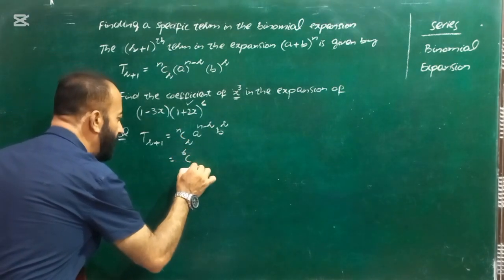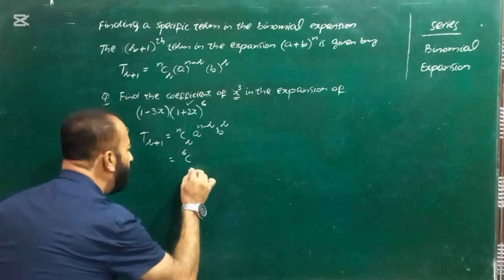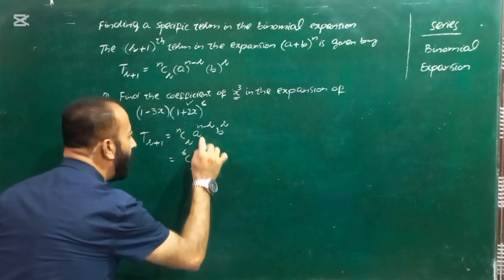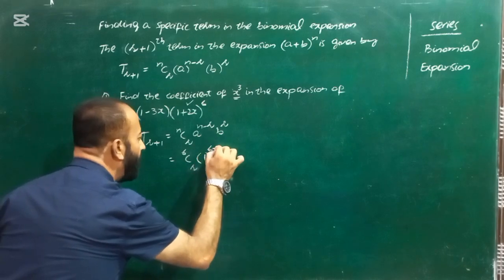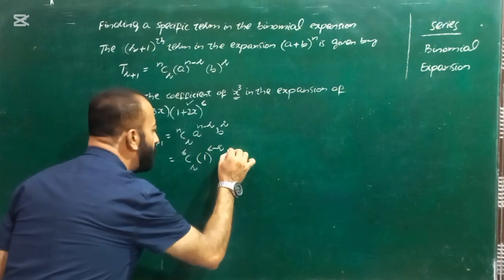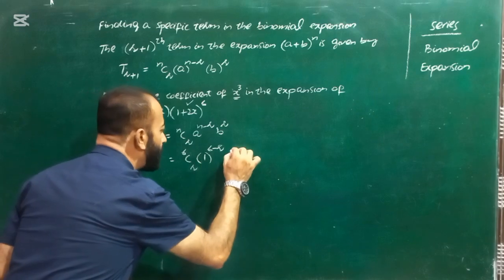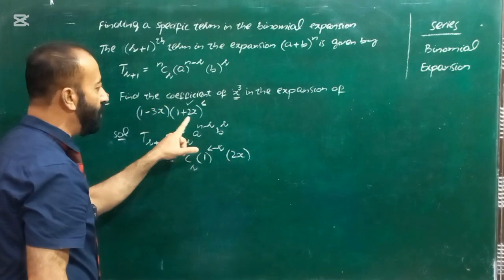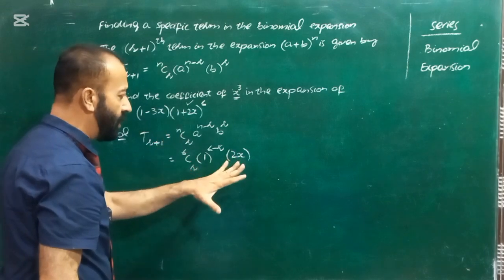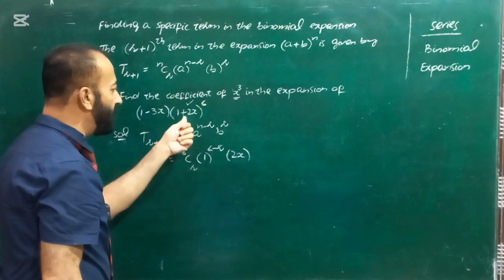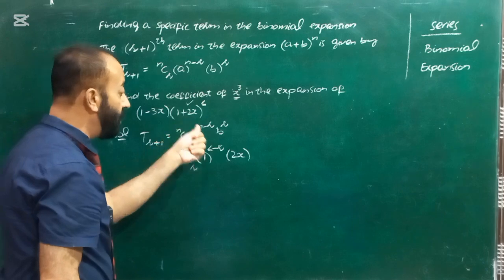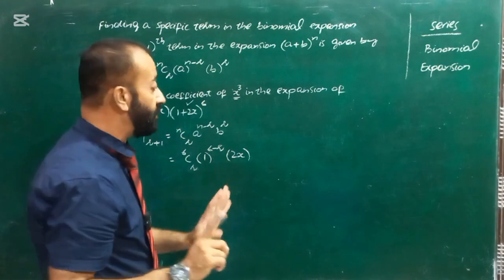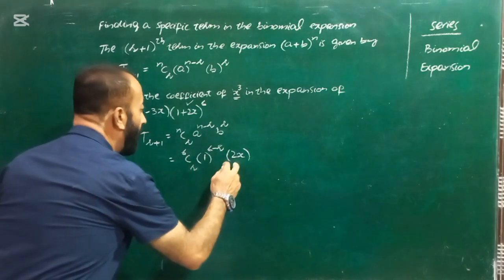So 6cr into 1 raised to the power 6 minus r, and b is 2x. You have to be careful about the signs as well. The second value is positive, so that's why I have put a positive sign. If this becomes a minus, then minus 2x should be placed. So you have to be careful about the signs as well. And b raised to the power r.